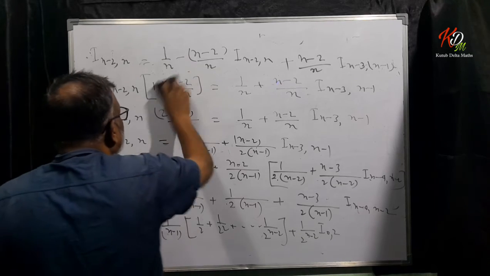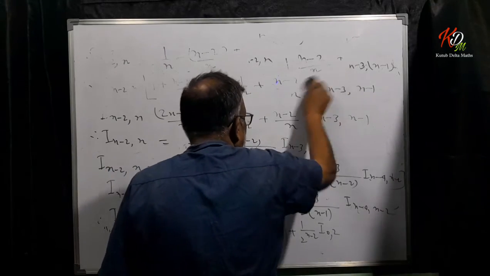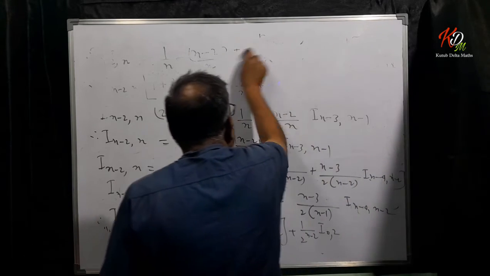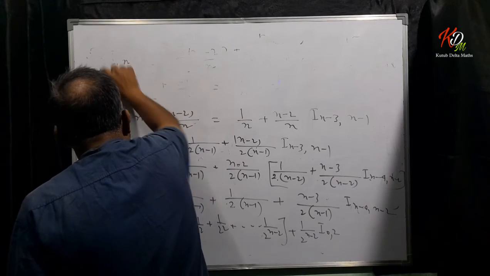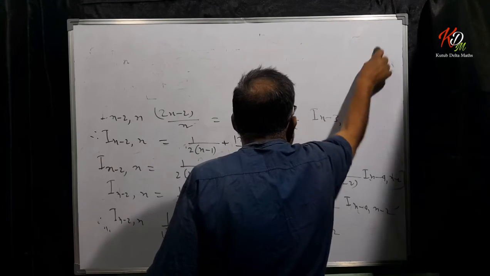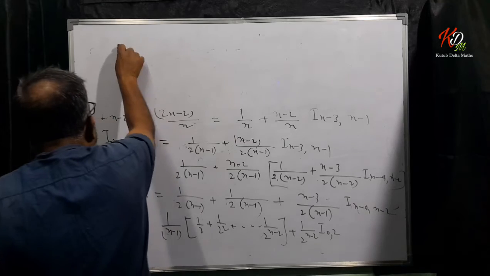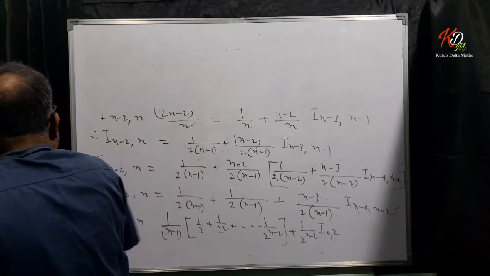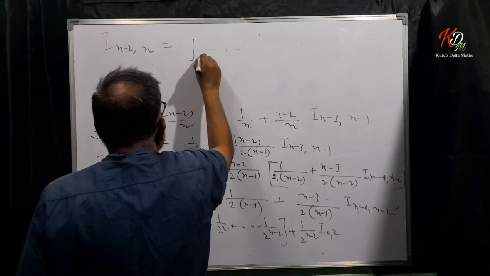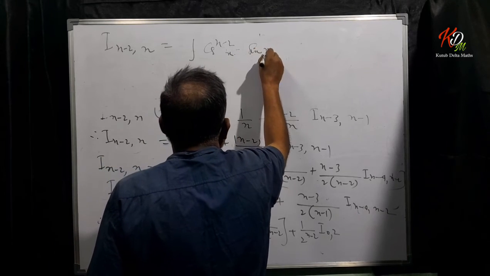I n minus 2, n equals integral of cos to the power n minus 2 x sin nx dx.